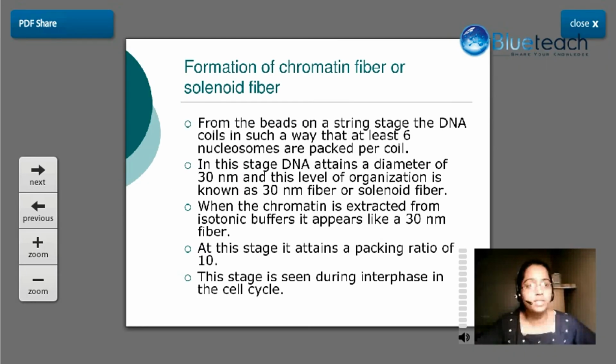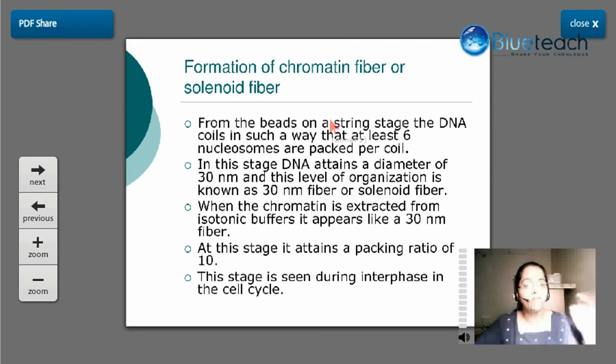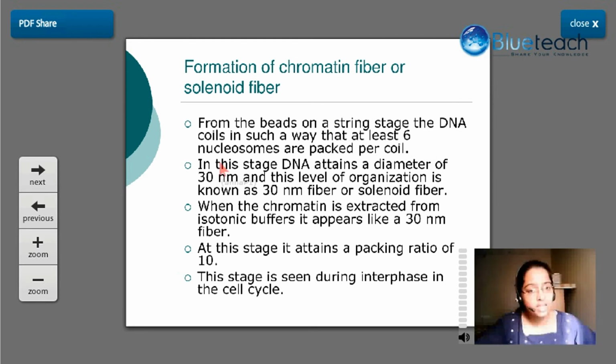So in the next stage, the DNA coils in such a way that at least 6 nucleosomes are packed per coil. So per coil we have 6 nucleosomes. In this stage, the DNA attains a diameter of 30 nanometers, and this level of organization is known as 30 nanometer fiber or solenoid fiber.